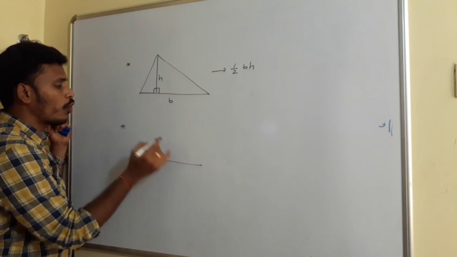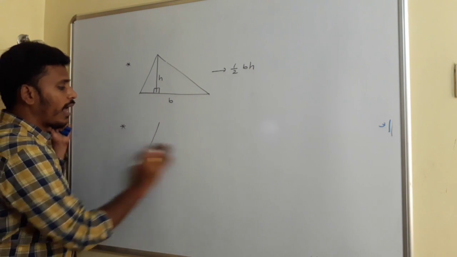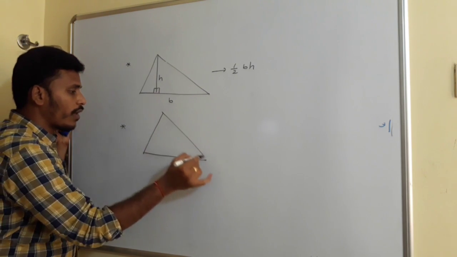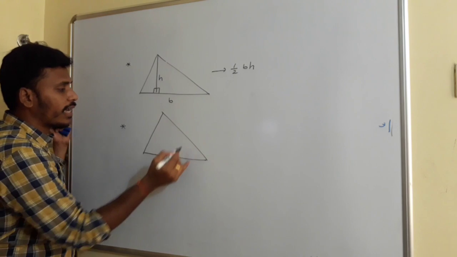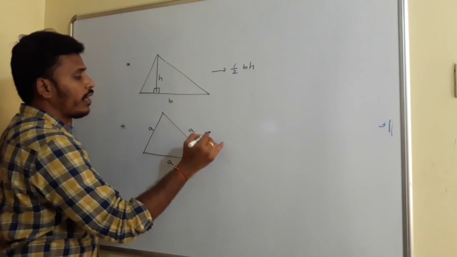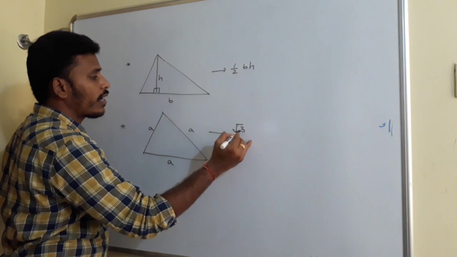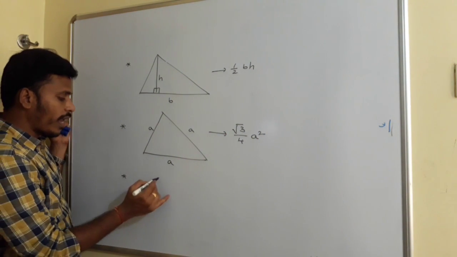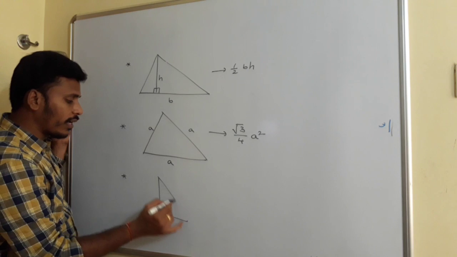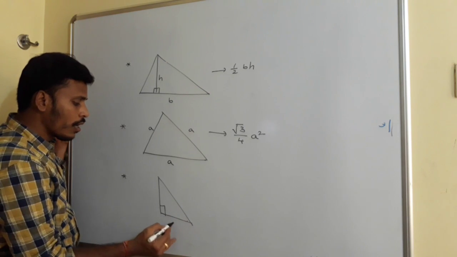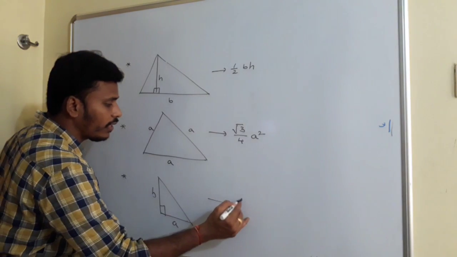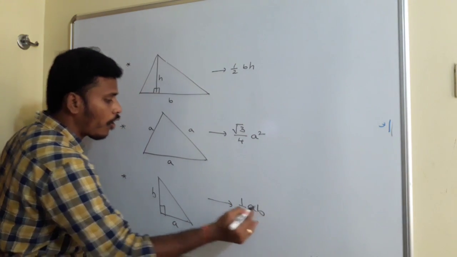Whereas if you have an equilateral triangle in your hand and the sides of that equilateral triangle are a, then the area of that equilateral triangle is given by root 3 by 4 a square. Whereas if you are given a right angle triangle whose legs are A and B, then the area is half AB.